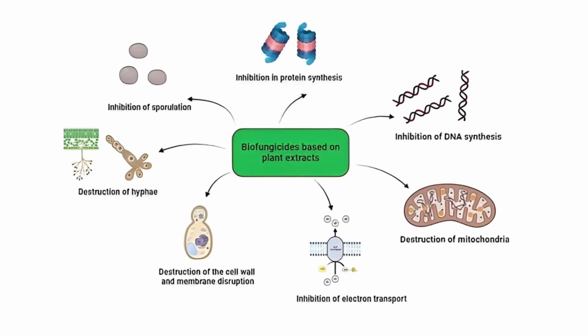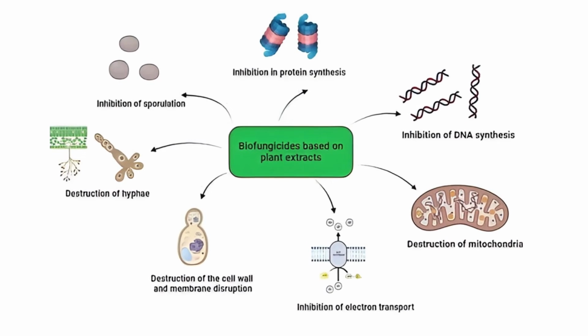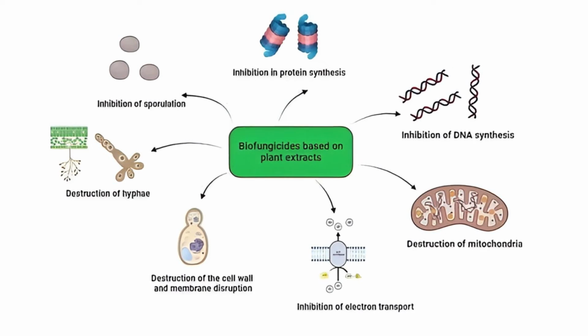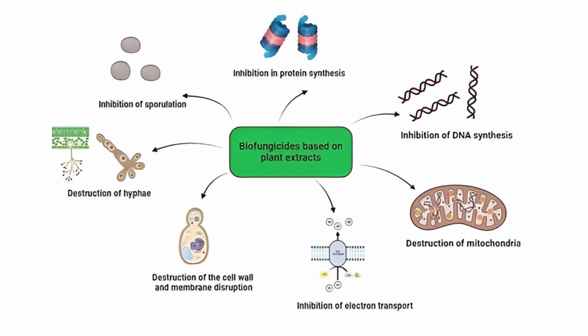Naringin also interferes with the fungal enzyme activity and spore germination, further inhibiting the growth and the spread of the pathogen. This natural compound offers a promising eco-friendly alternative to chemical fungicides for managing downy mildew in plants.